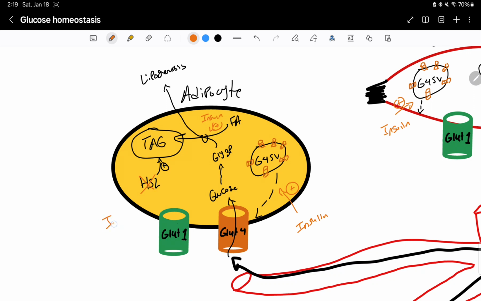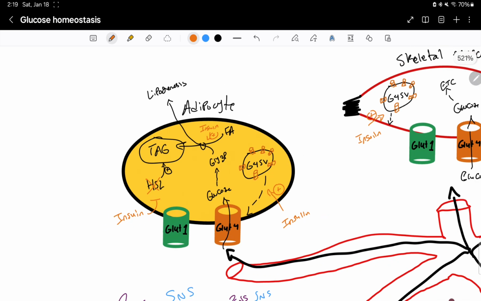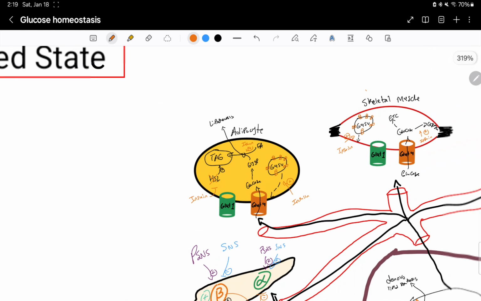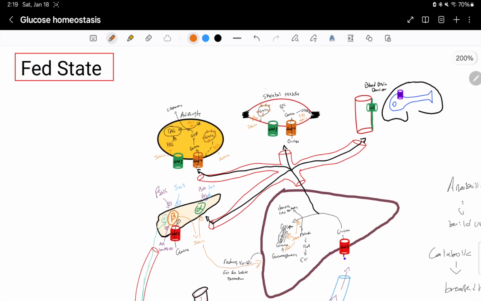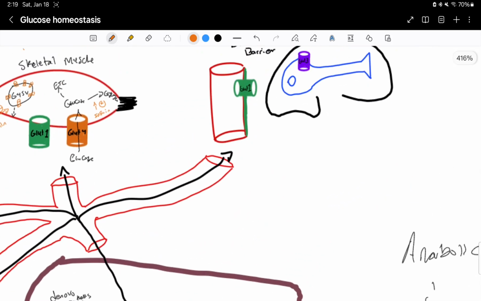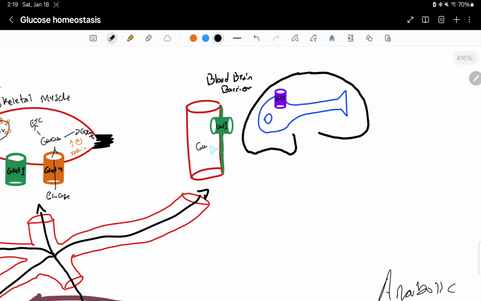What's inhibiting it? Insulin. Insulin comes here and inhibits hormone-sensitive lipase, so we're not breaking down the triacylglycerol, and we're continuing to make fat. So that's what insulin's doing. Now, of course, glucose is also going into other tissues like the brain. Again, I've already mentioned this, so I'm not spending time on it.